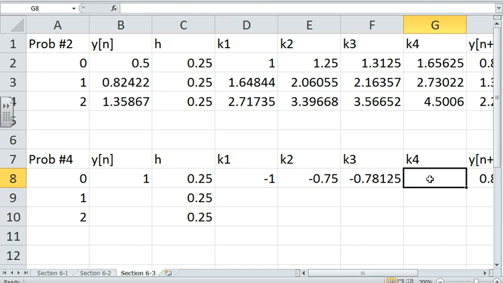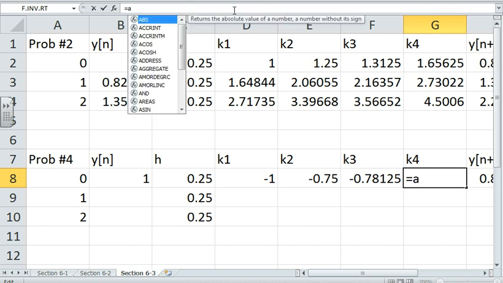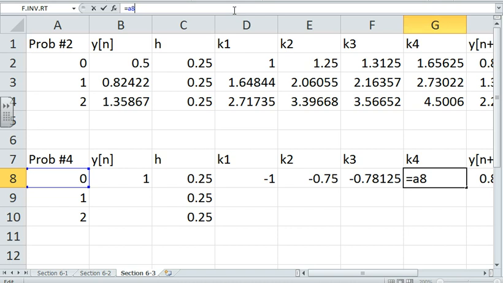Alright, K4. Okay. Equals A8. I need parentheses. A8 times C8 plus A8 plus 1 times C8.